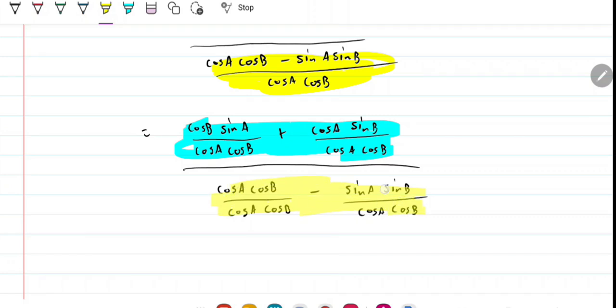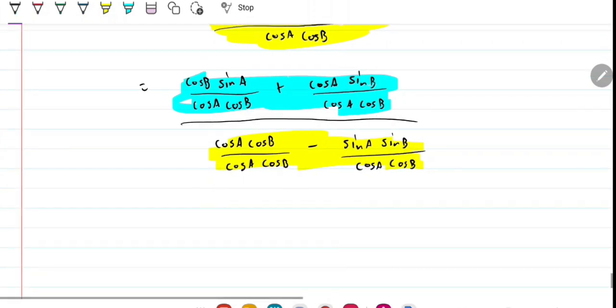So now what's happening now? Now I can cancel out some things. Cos B and cos B cancel out, right? Cos A and cos A cancel out, right? These two cancel out also. So now I'm left with sine A over cos A, right? And I'm also left with sine B over cos B.